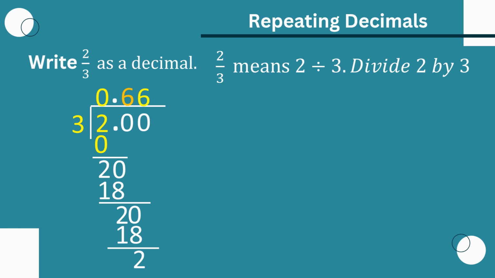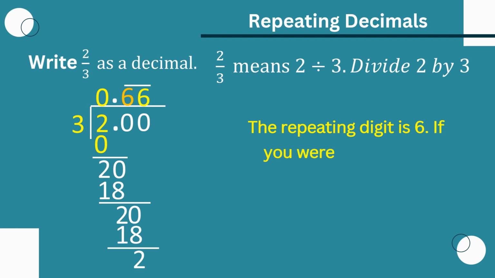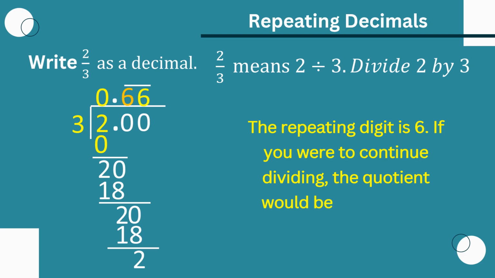Our answer is 0.66, then we can put a bar notation on top. The repeating digit is 6. If you were to continue dividing, the quotient would be 0.666666 and so on. So this is an example of a repeating decimal.